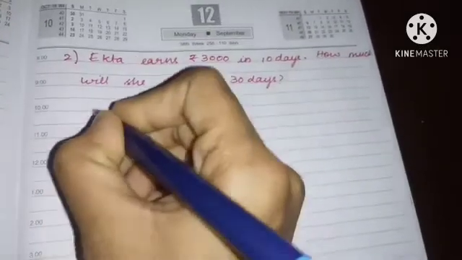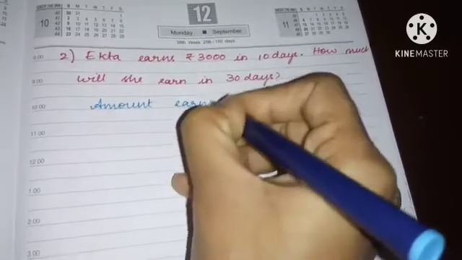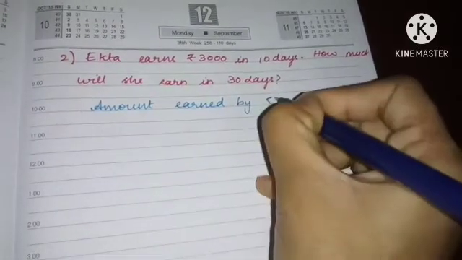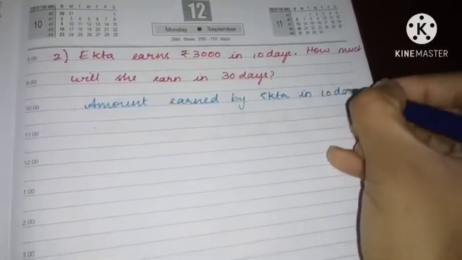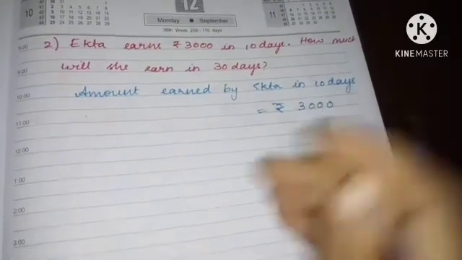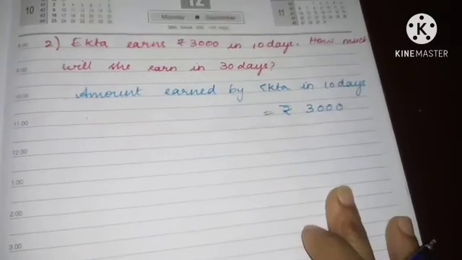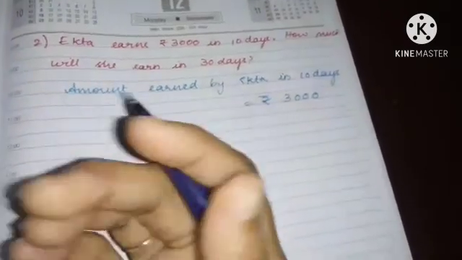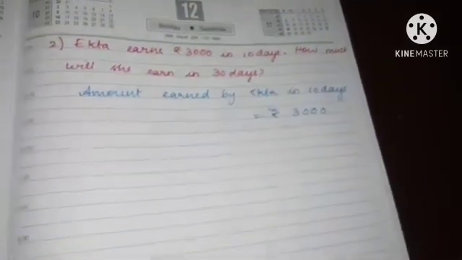So, amount earned by Ekta in 10 days is equal to how much amount? Rupees 3000. Okay, rupees 3000 is earned by Ekta in 10 days. So, for how many days we should find? We should find for 1 day what is her payment.